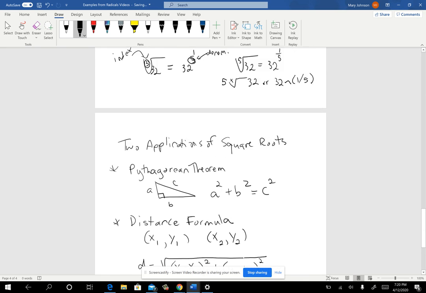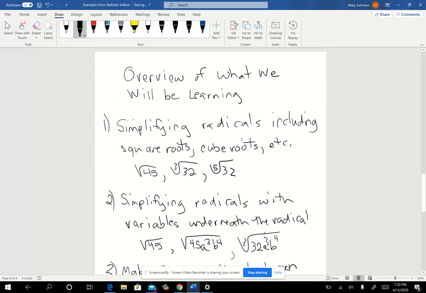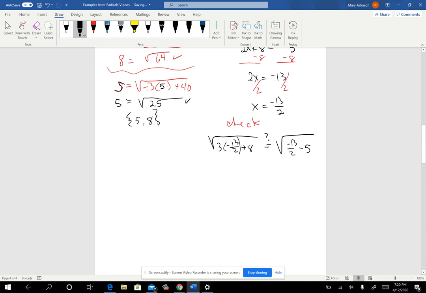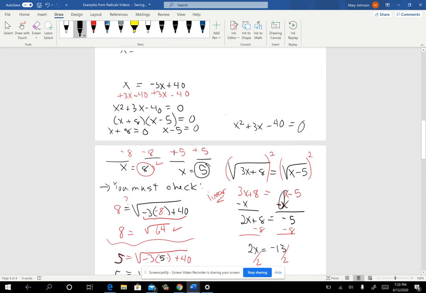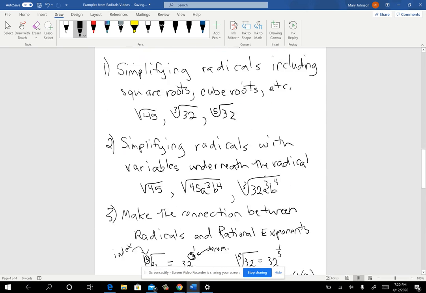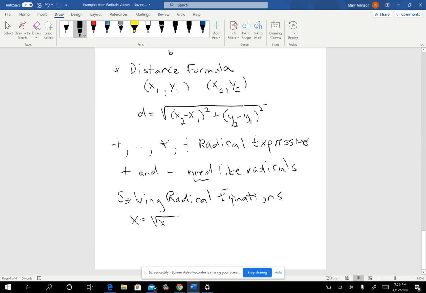I was trying to remember that equation we did earlier. There it is. Okay, some like x equals, it was negative 3x minus 40. Actually, I think it was plus 40. You know, we just did that one.